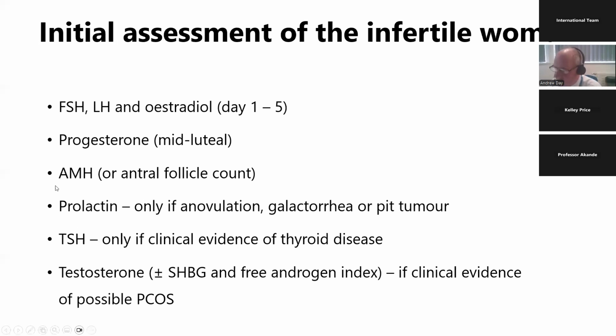But quite rightly it recommends prolactin only if there's anovulation, galactorrhea or a pituitary tumour, and TSH only if there's clinical evidence of thyroid disease. So really only if there are other clinical pointers towards thyroid disease is it worth doing a TSH. And testosterone, together with SHBG and the free androgen index, if there's any clinical evidence of androgen excess.